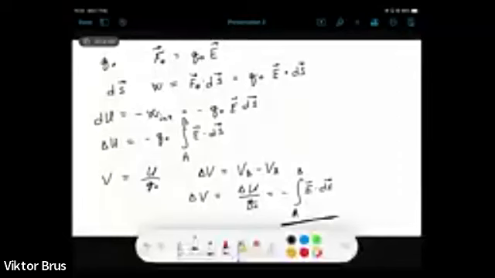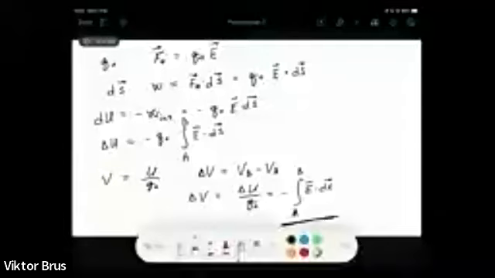Let me try to switch it back and forth and see if we have some improvement. Anything changed?